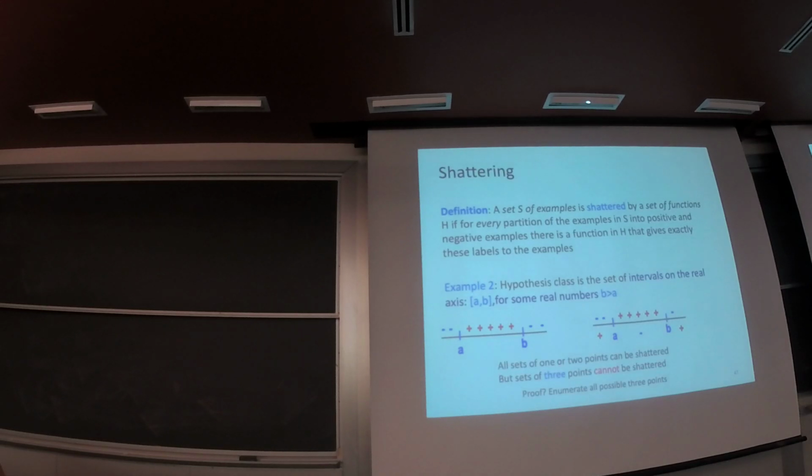Okay, so for this more flexible interval hypothesis space, we can verify that all sets of 1 or 2 points can be shattered by the interval hypothesis space. But for sets of 3 points, they cannot be shattered. But obviously, it is better than the left bounded interval, right?